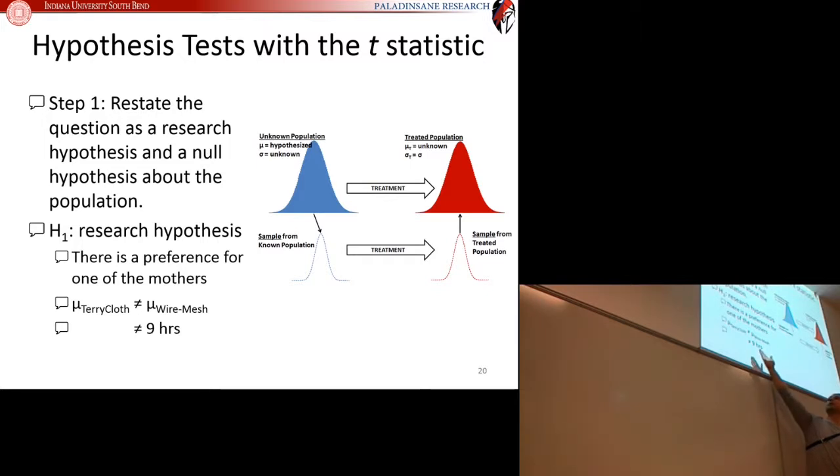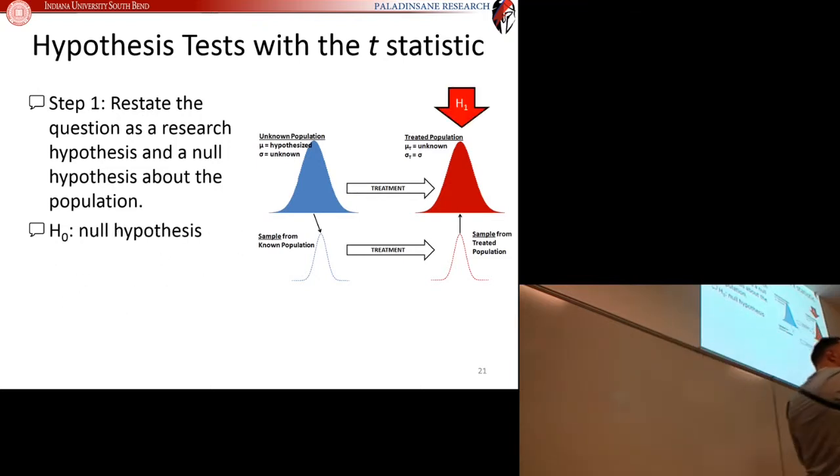So if the time spent with the terry cloth mother is 10 hours, that means terry cloth gets 10, wire mesh gets 8, preference for terry cloth. If the time spent with the terry cloth mother is 4 hours, that means terry cloth mother gets 4, wire mesh mother gets 14, preference for the wire mesh mother. As long as it's not 9 hours and 9 hours, there's going to be a preference for one of the mothers. That's your research hypothesis.